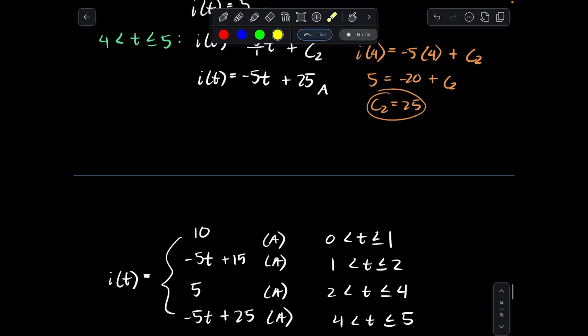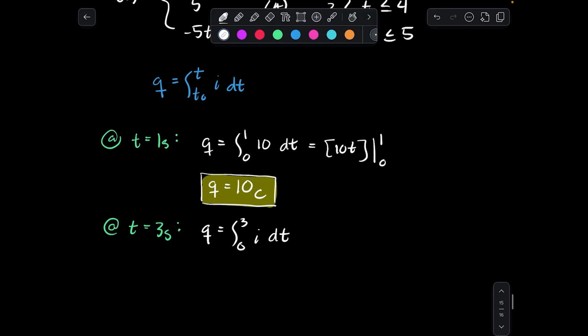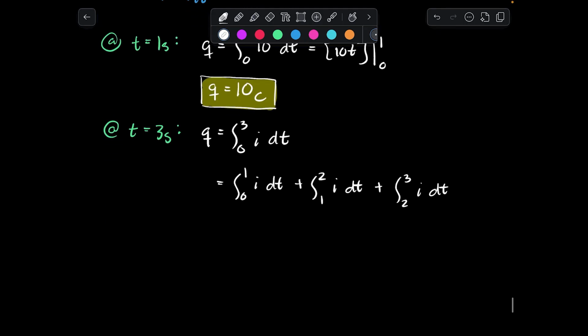Okay? And so we get this first part from 0 to 1 of I dt, plus the second part from 1 to 2 seconds of I dt, and lastly, from 2 to 3 seconds, our integral of the current here.